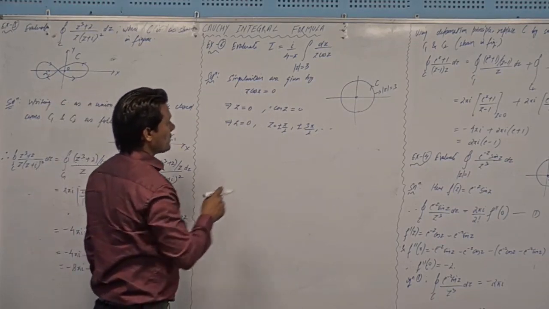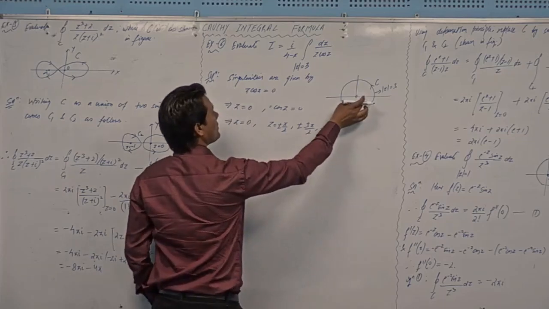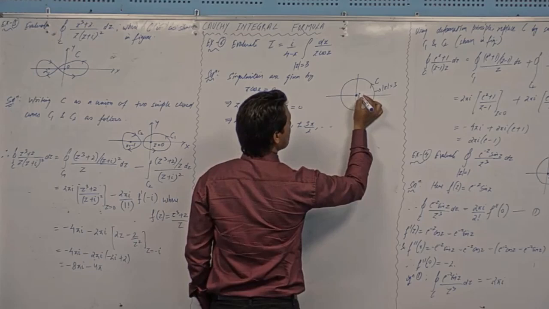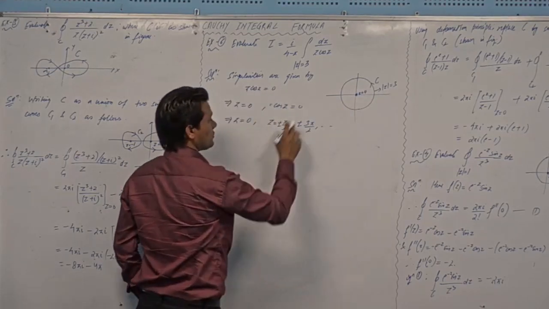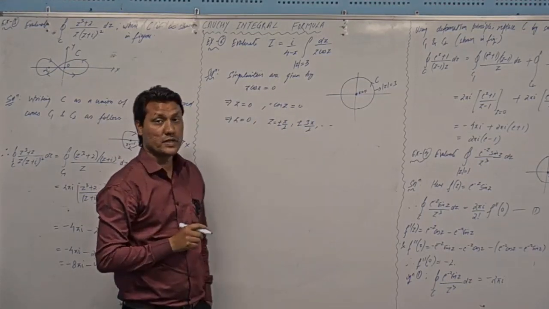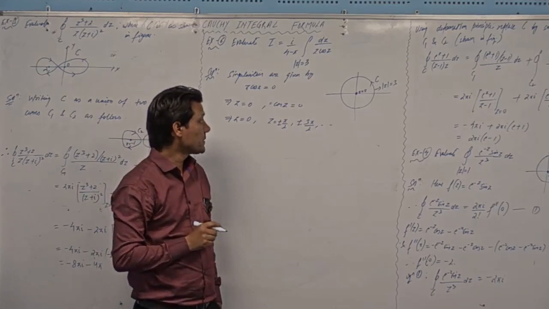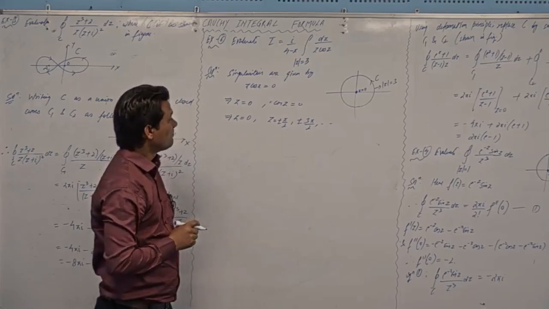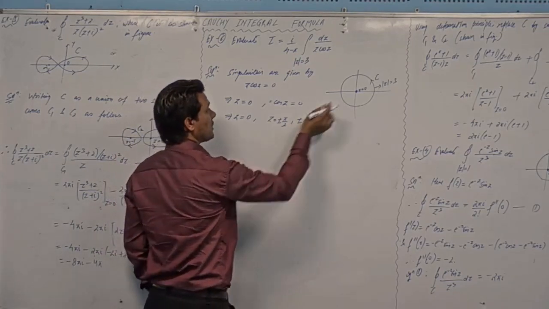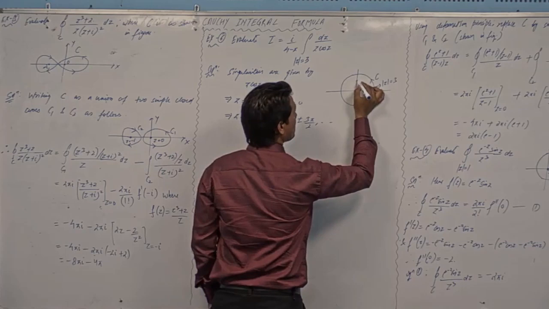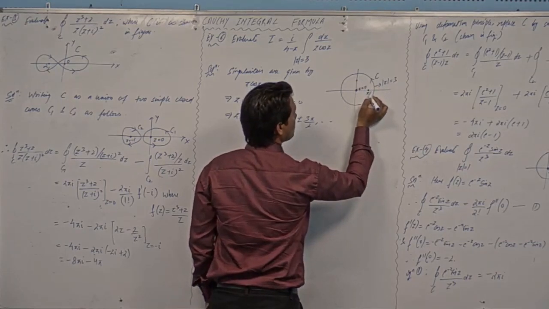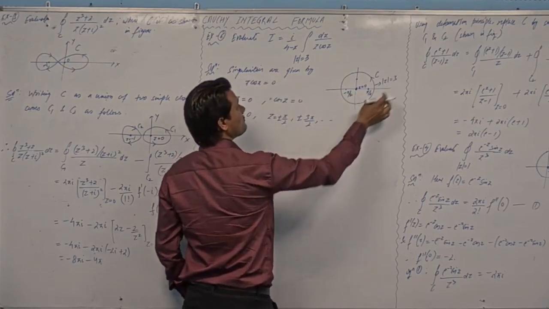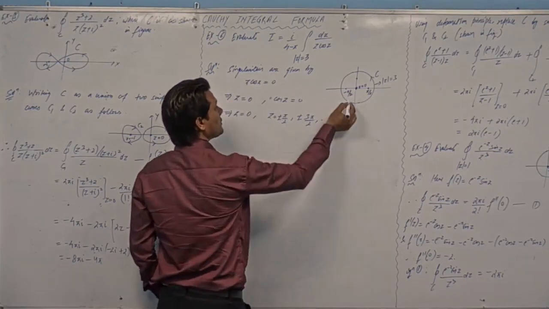Now we investigate how many of these singularities lie within this contour C. This z equal to 0 is obviously lying inside C. Plus minus pi by 2 will lie inside it, because 3.14 by 2 is 1.5 something. Only these two, plus minus pi by 2, will lie inside this: pi by 2 will be here, and here we'll have minus pi by 2, and all of the other singularities will lie outside the contour C, right?